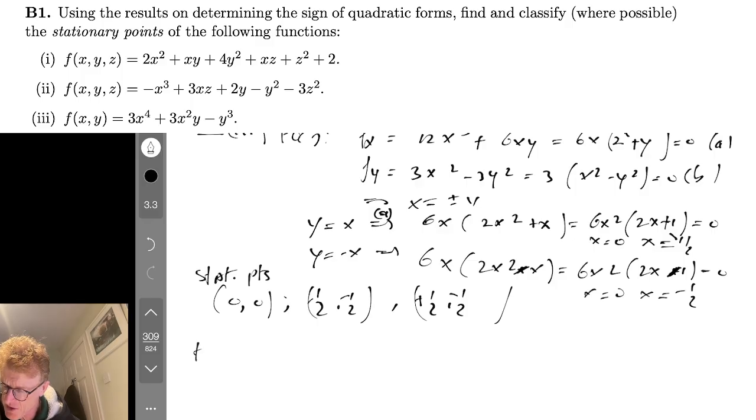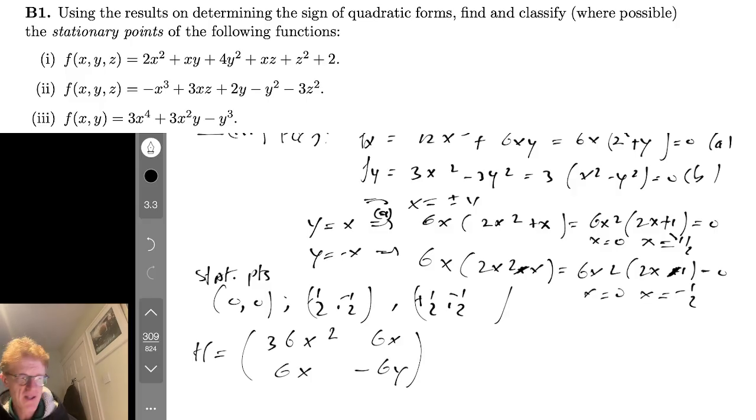So we now need the Hessian. Hessian is, what is it? 36x squared, 6x. Proper squared here. 6x, that stays the same, and this is minus 6y. So this is 6 times 6x squared x minus y.